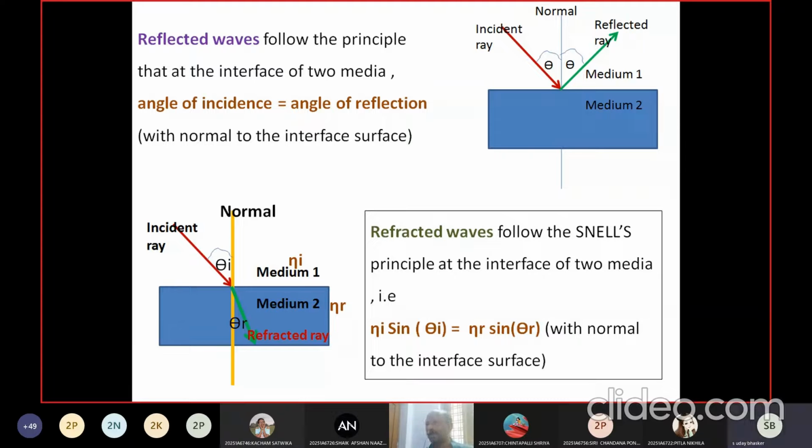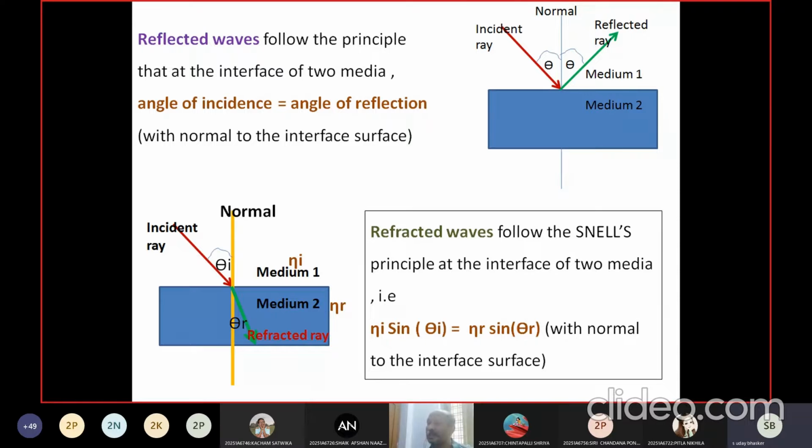So, angle of incidence is equal to angle of reflection in the case of reflected waves. Now, in the case of refracted waves, we follow Snell's law. When the light is propagating from one medium to another medium, consider that theta I is the incident angle in the first medium and theta R is the refraction angle in the second medium.